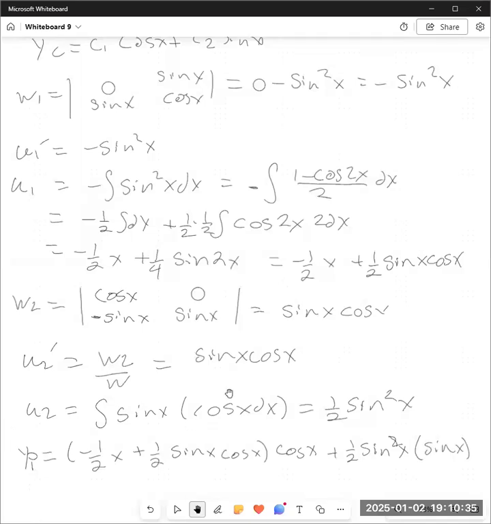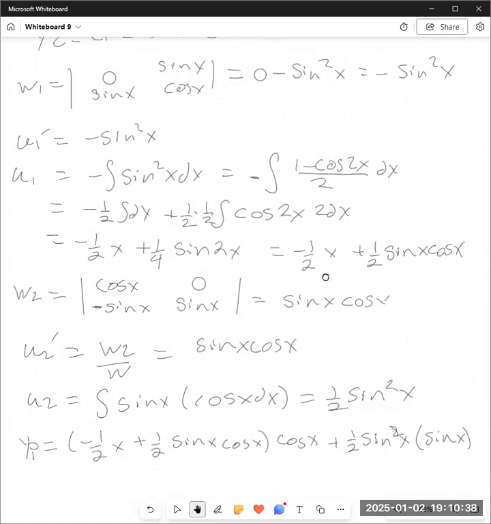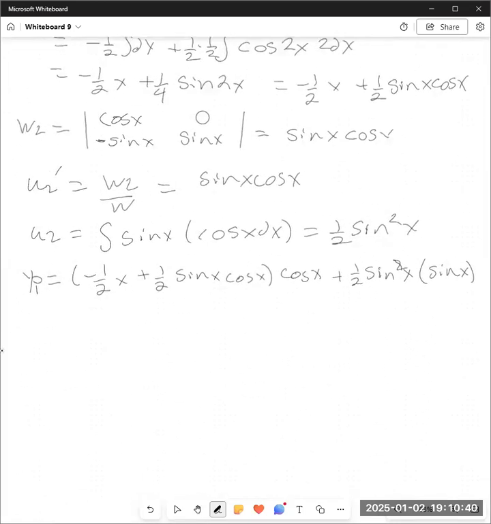All right, and we're going to have to ignore anything that's already in yc. So I get negative 1/2 x cosine x plus 1/2 sine x cosine squared x plus 1/2 sine x.